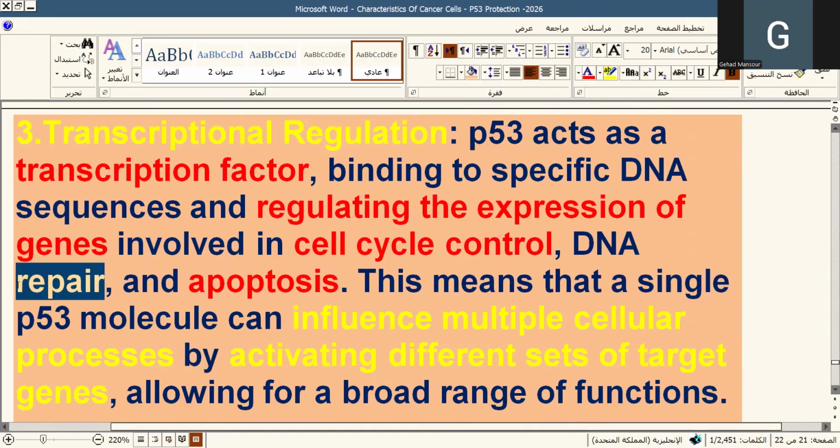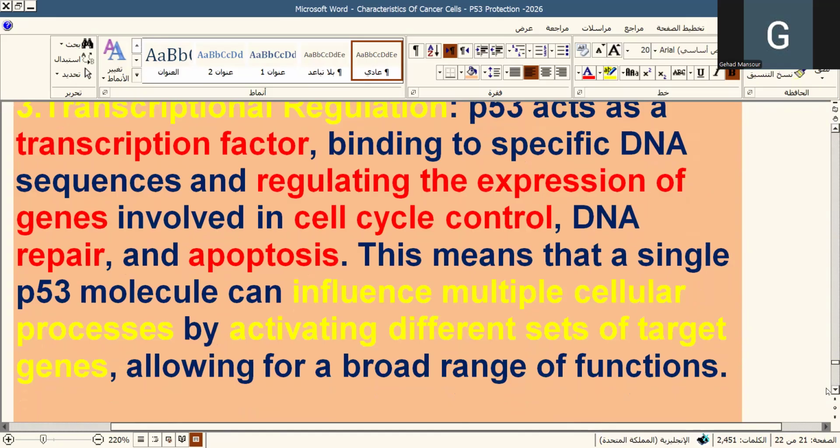So this function simply means that it will stimulate transcription and therefore translation of proteins, or shortly, it will regulate expression of genes, but not any genes: the genes that P53 is concerned with, which are the proteins involved in cell cycle control, or in DNA repair, or in apoptosis.